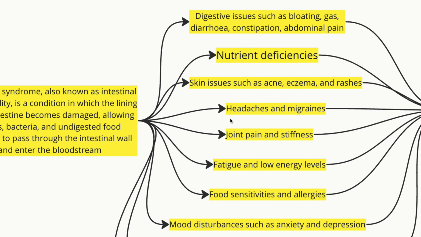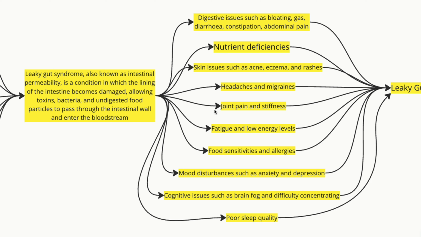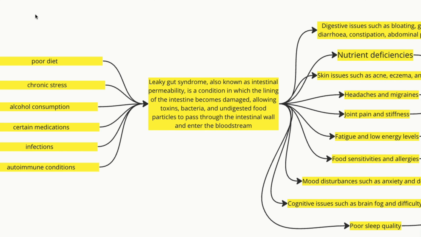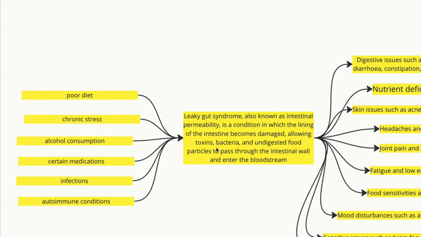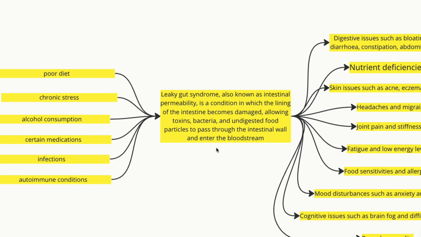Then what is really valuable is to think about what are the symptoms that people experience on a day-to-day level. And I think you can already tell that knowing the causes and knowing the problem are not enough to create compelling copy and to really resonate with your customer, because people aren't walking around thinking, oh no, my poor diet is causing leaky gut, or I hate the fact that I have leaky gut syndrome.